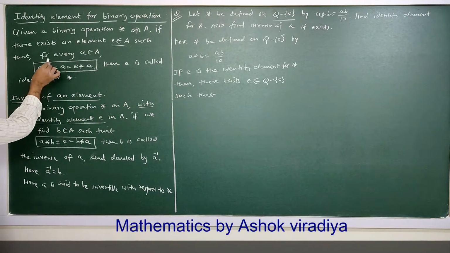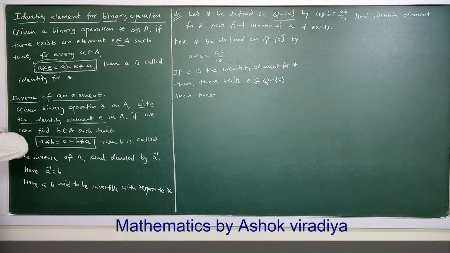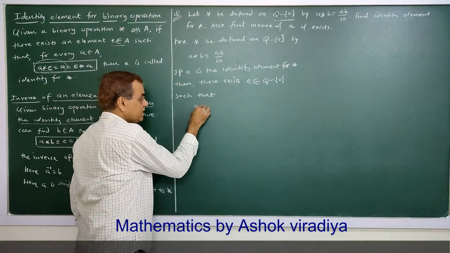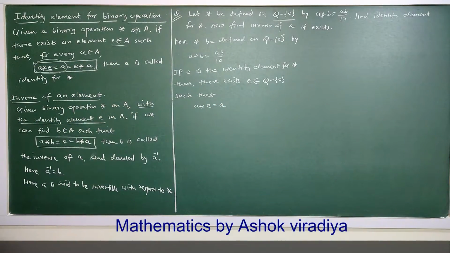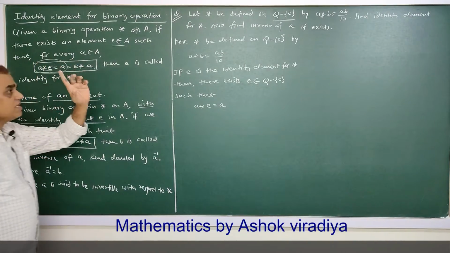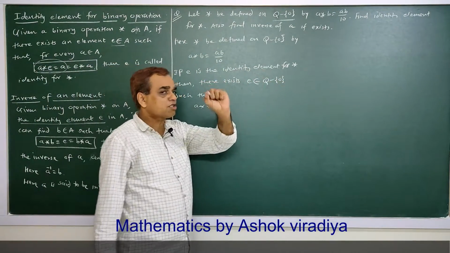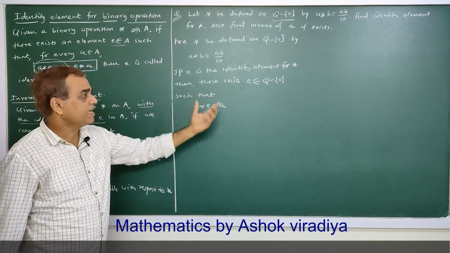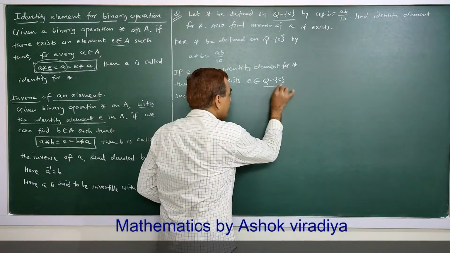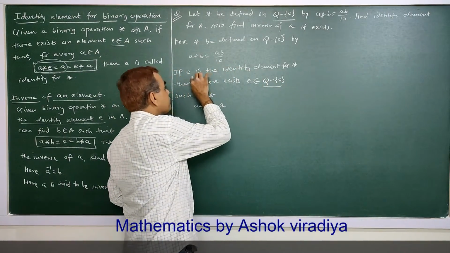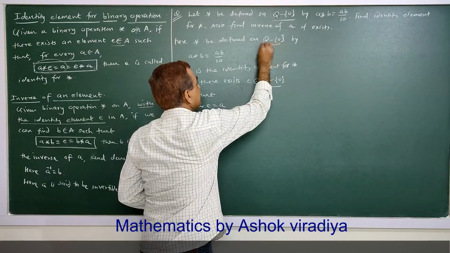To find E, first of all we shall take this part: A star E equal to A. If E is the identity, then there exists E in the given set such that A star E is A. Existence must be in this set only, because the binary operation is defined on this set.